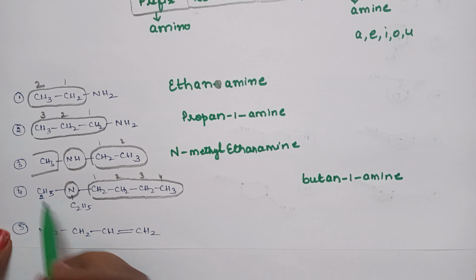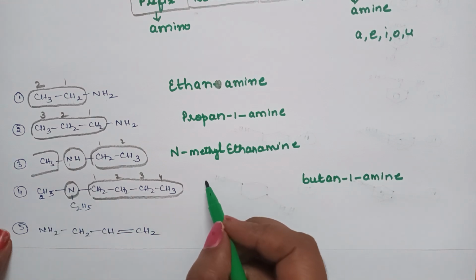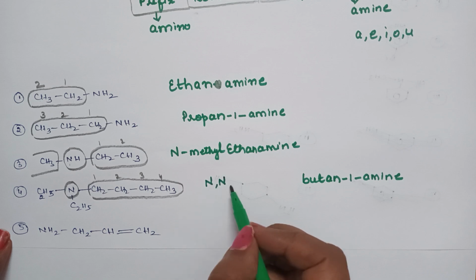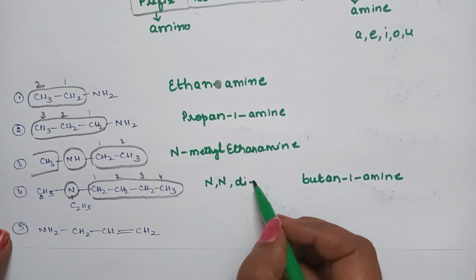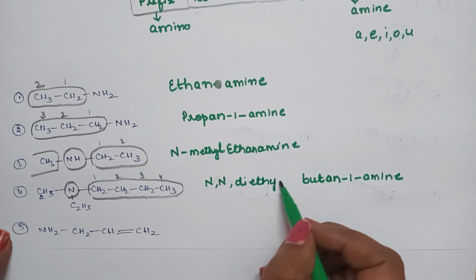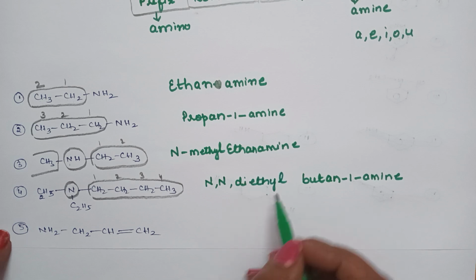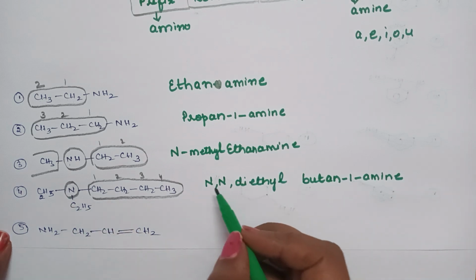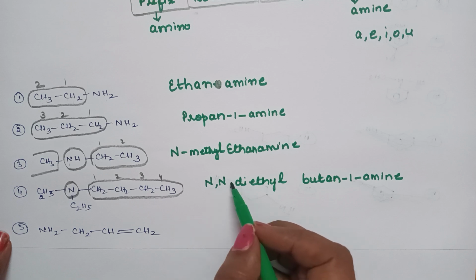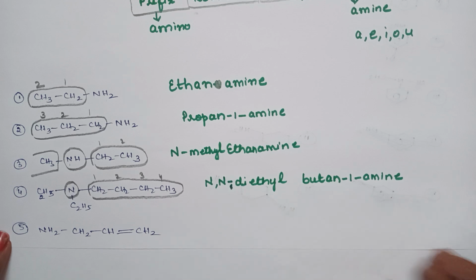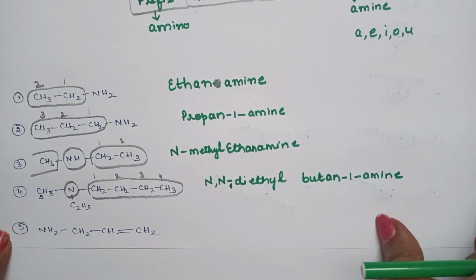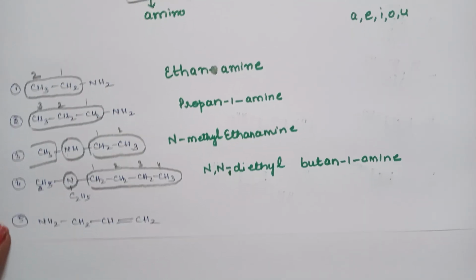And here you can see 2 ethyl groups are attached to the amine, so it becomes N,N-diethyl. So 2 ethyl groups are attached to the amine group. N,N-diethyl butane 1 amine will be the name.